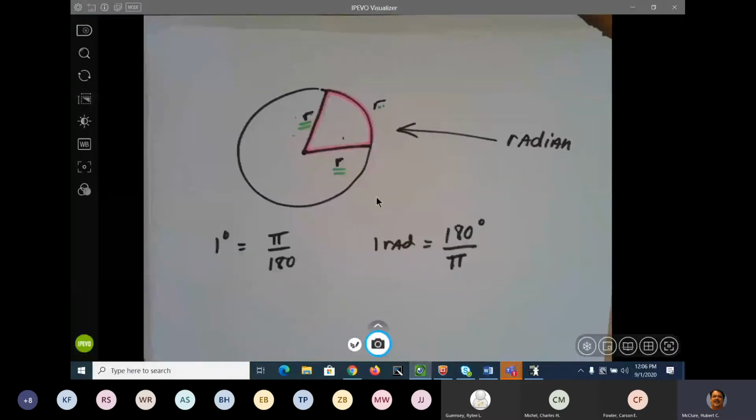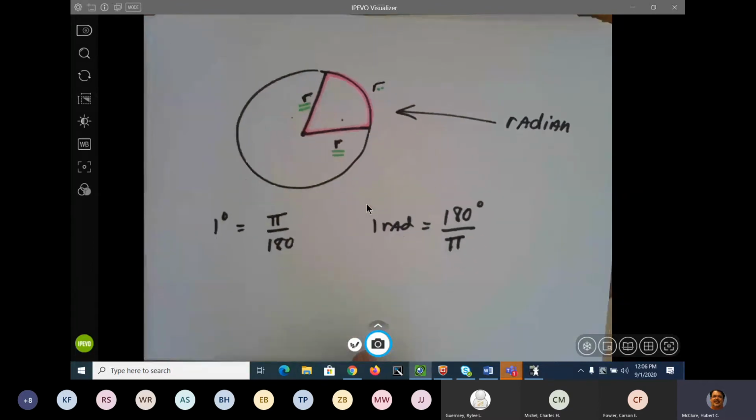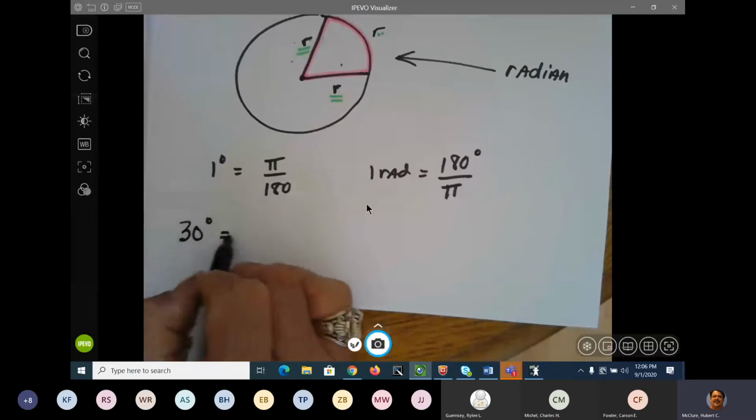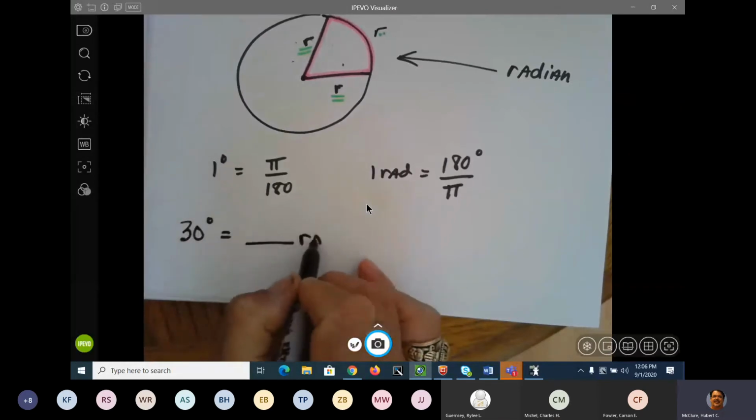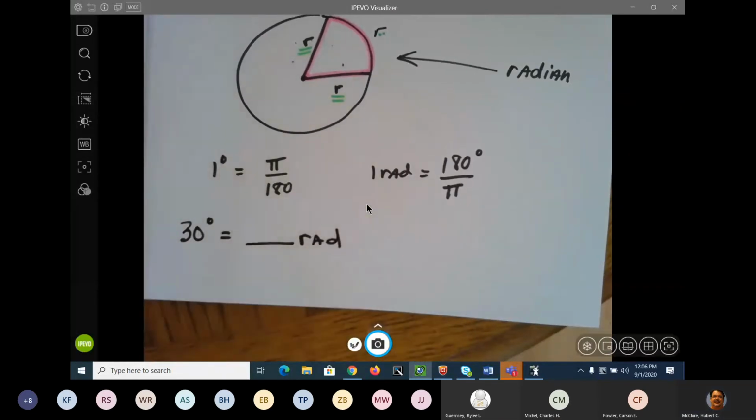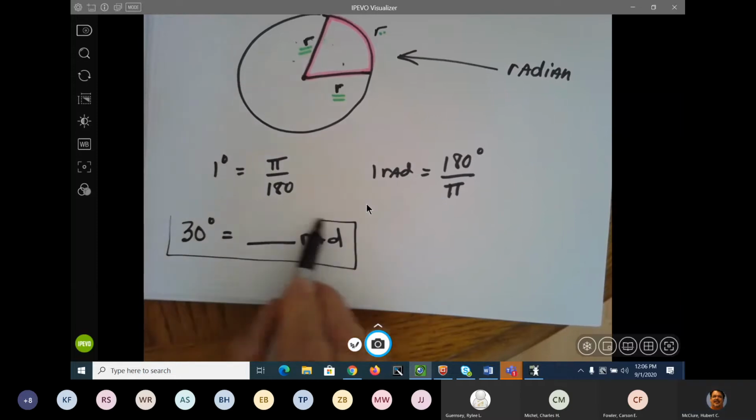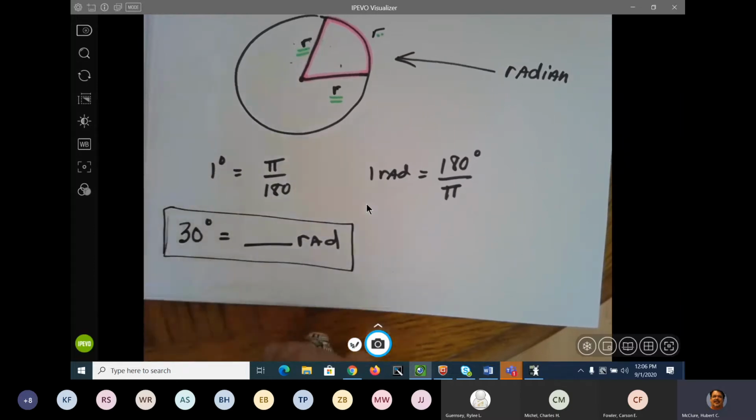The easy way to learn it is to ask, what are you given? Let's say you're given 30 degrees, and they say 30 degrees is equal to blank radians. Somebody tell me what unit do we have in the problem?